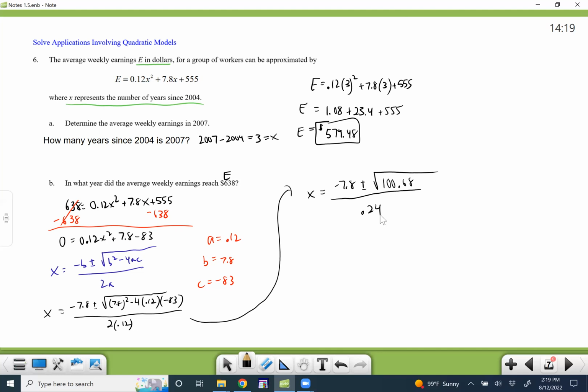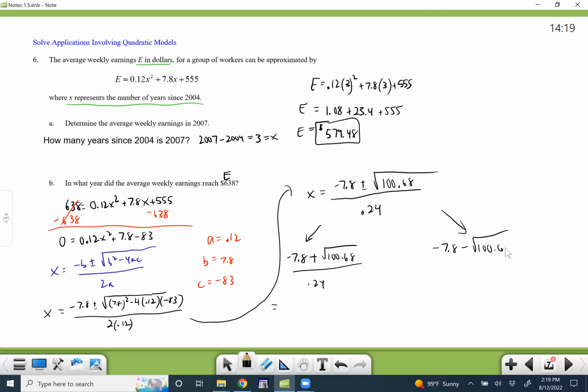Alrighty, so I'm going to do two cases, you guys. I'm going to do the case where it's negative 7.8 plus, and then the case where it's negative 7.8 minus.